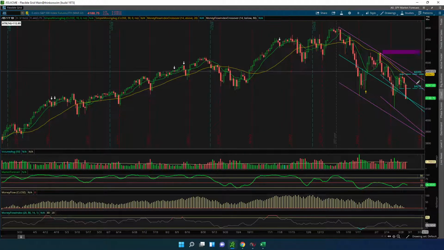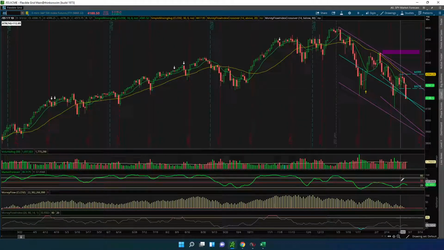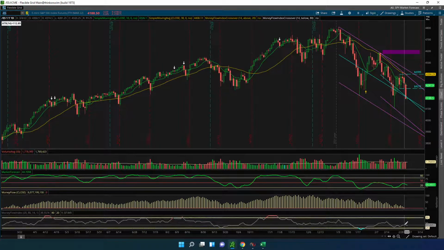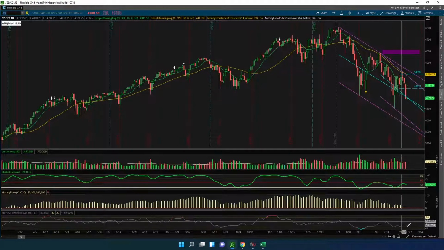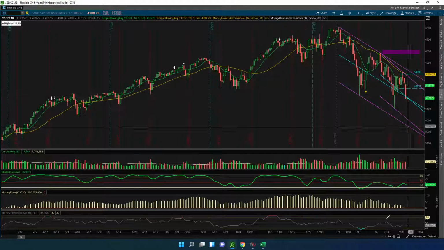So 4399 and 4275, it was moving down, and now my bias on this one is to the downside. You see that MFC, the market forecast, this green line, is moving to the downside, and also you have money flow in the index going to the downside now. So bearish, everything looks to the downside.